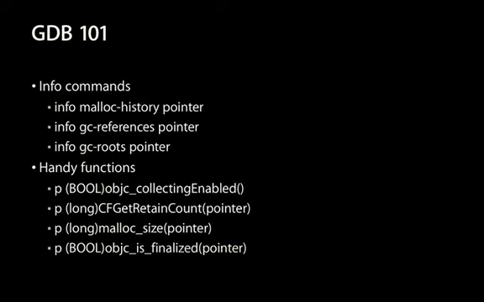CFGetRetainCount tells you if an object has a retain, therefore it's not going away. malloc_size you can call on any kind of allocated pointer, malloc or the collector's memory. It works with either one, tells you how big the object is. And objc_is_finalized you can use during finalization and find out if a particular object, which your object references, is about to be finalized, is going away. You can use that to find out whether it's safe to store that object or do other operations.